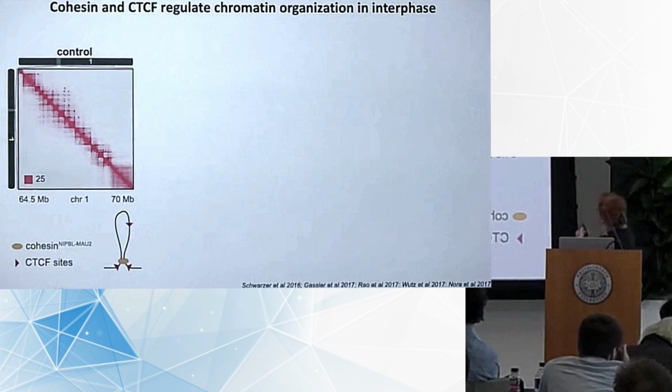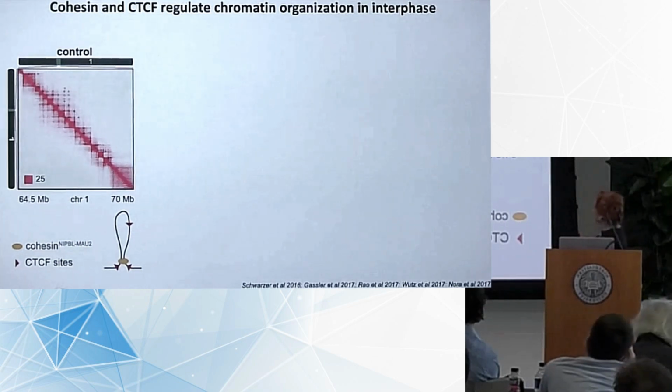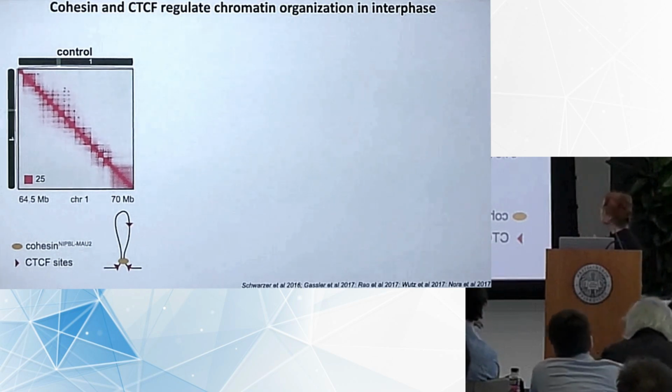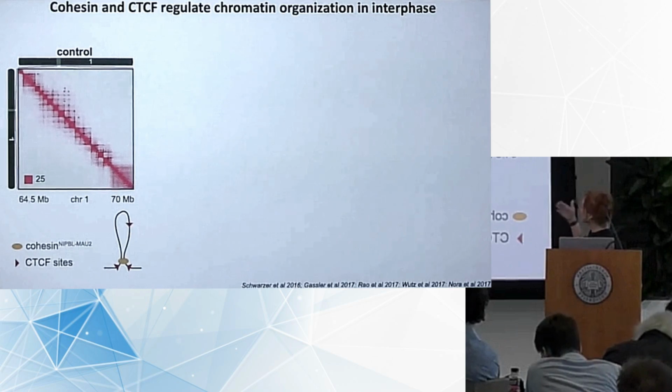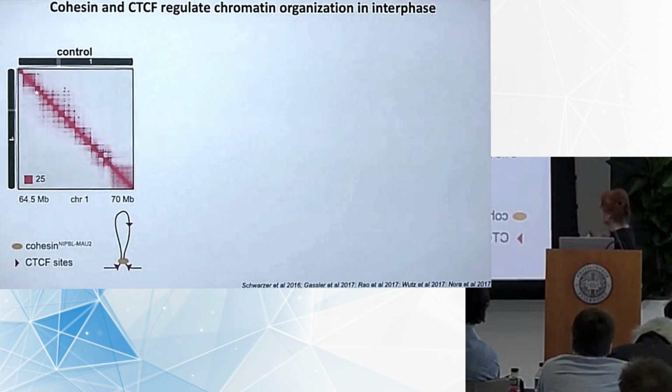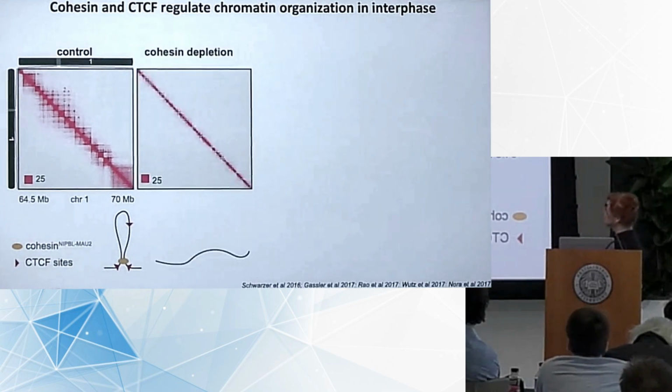The boundaries between the TADs and these corner peaks are a result of cohesin stopping at CTCF sites. Since Hi-C is a population study, in many cells cohesin is going to extrude the same size of loop at the same position, so this results in these corner peaks. Now, if we deplete cohesin, these structures are lost.